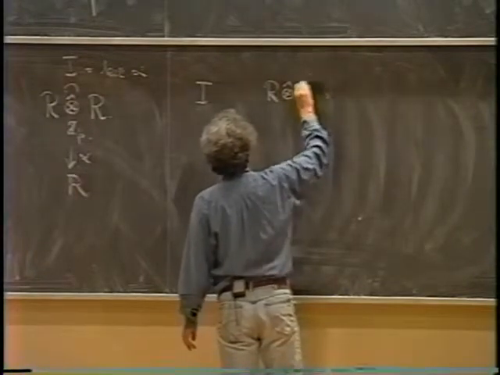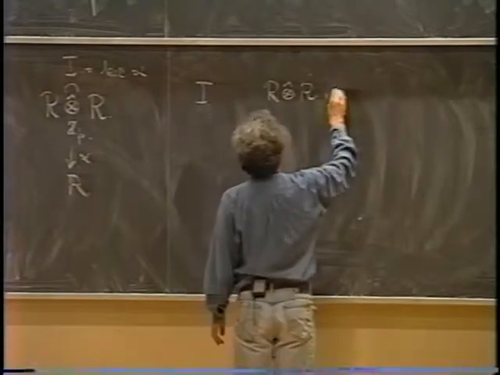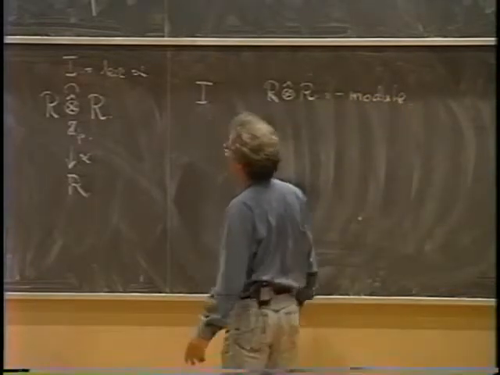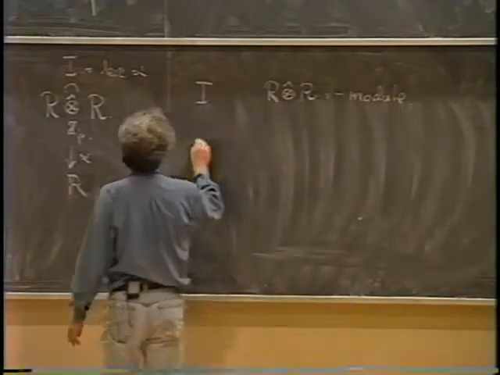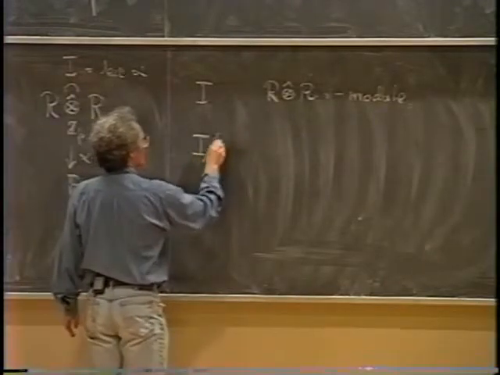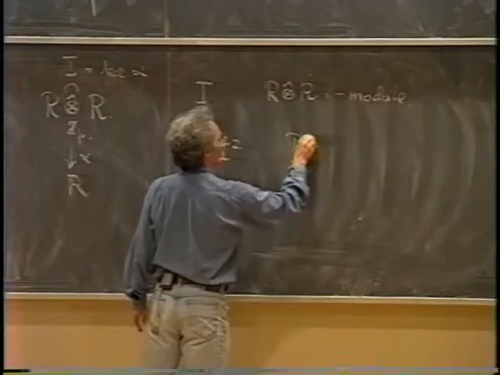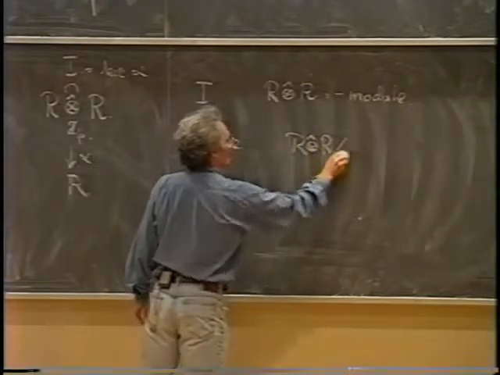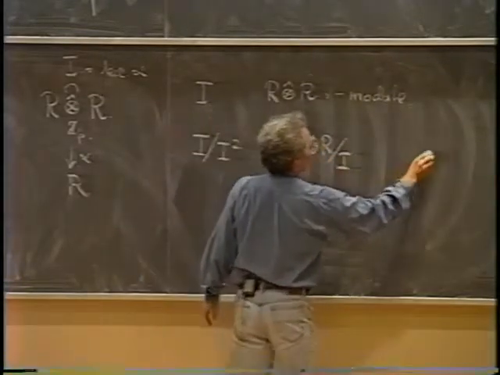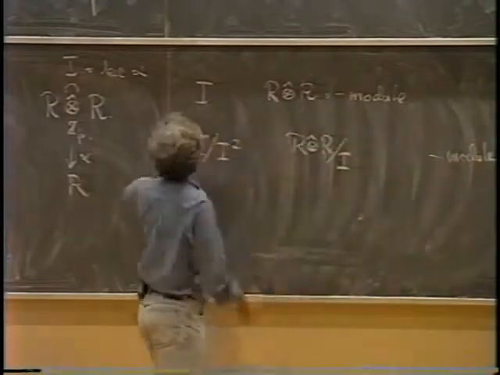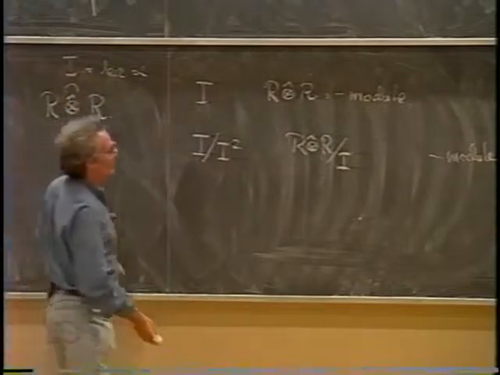So it's an R tensor R module, because it's an ideal in R tensor R. So I can pass to I modulo I squared, and that becomes an R tensor R mod I module. But R tensor R mod I is just, by this very diagram, R again.